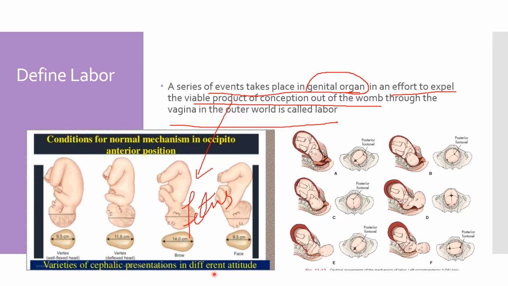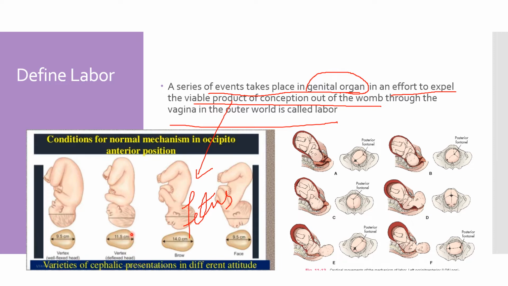Based on the different attitudes, the presentations are different. Here I have shown the vertex presentation, which is a complete flexion. Attitude means the extremities and head are all flexed. Here complete flexion is achieved, so it is a vertex presentation.